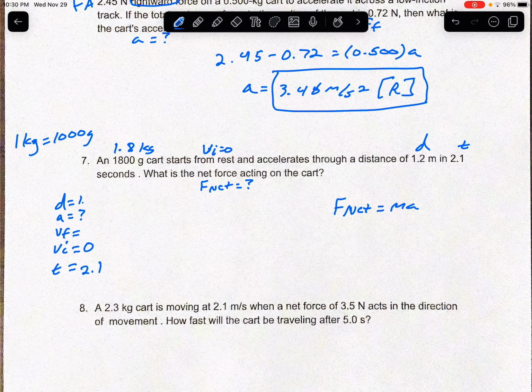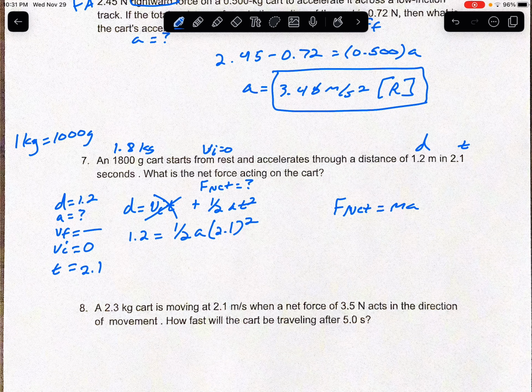Distance is 1.2 meters, so VF didn't even matter in this problem. So we're going to use equation number 3. So D equals VIT plus 1/2 AT squared. Now, the good news is VI is 0, so this whole VIT goes away. So distance will be 1.2 equals 1/2 times A times 2.1 squared.